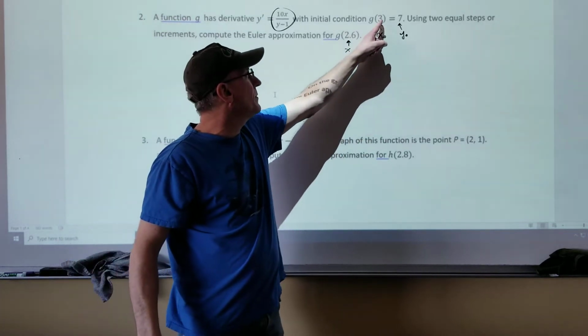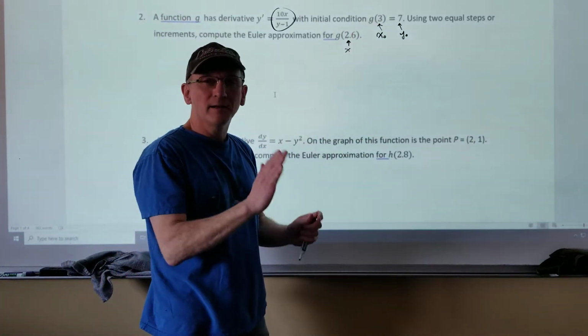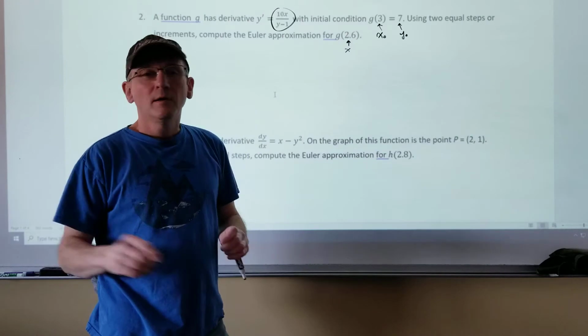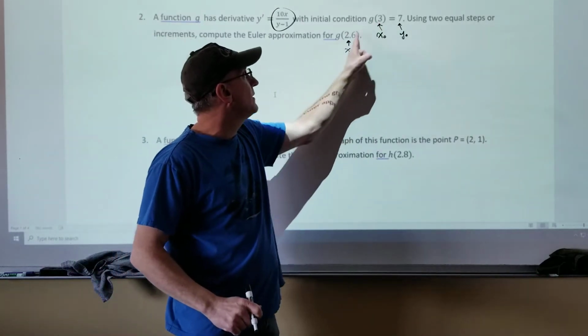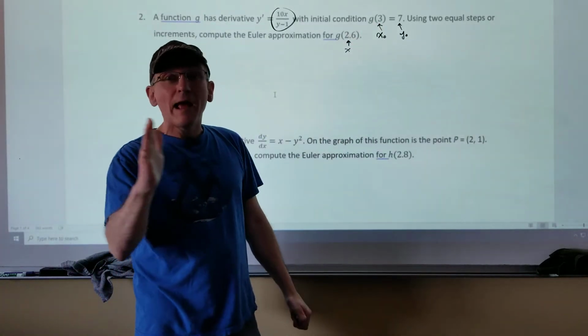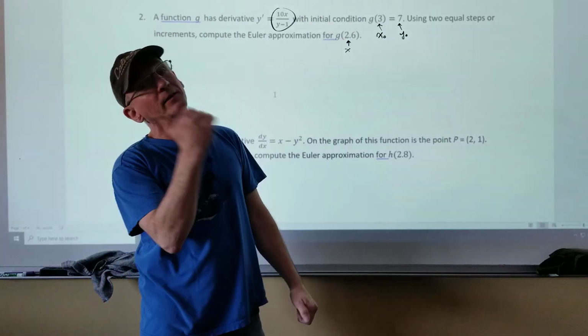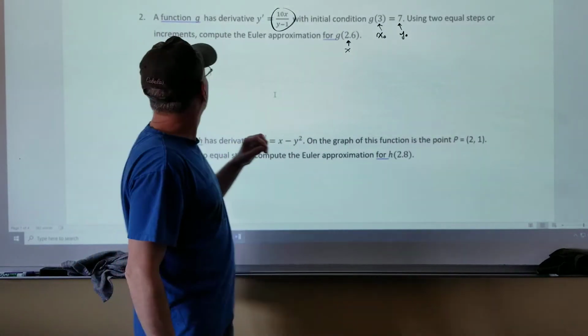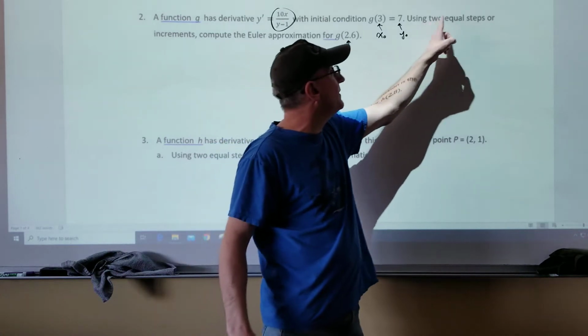How does one get from 3 to 2.6? The answer is you got to go backwards. How far is it from 3 to 2.6? -0.4. And I say negative because we're moving to the left. And we're supposed to do this in 2 steps.